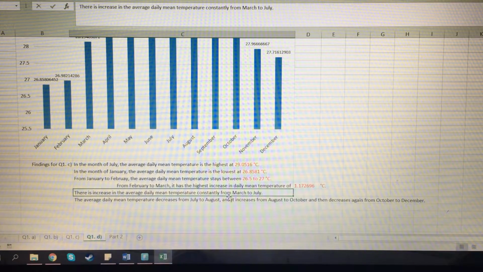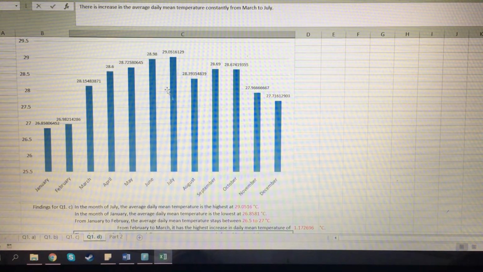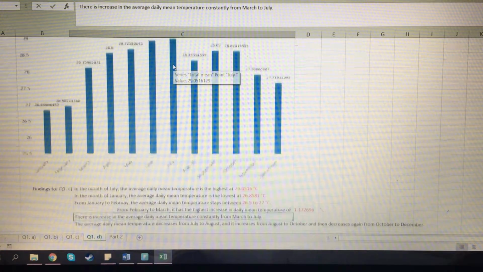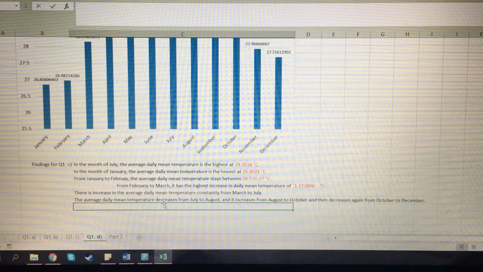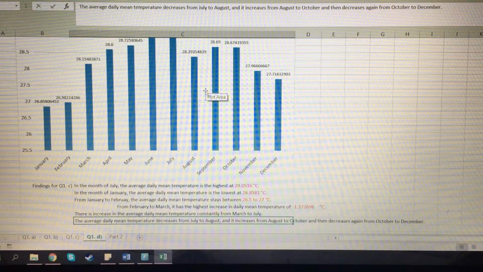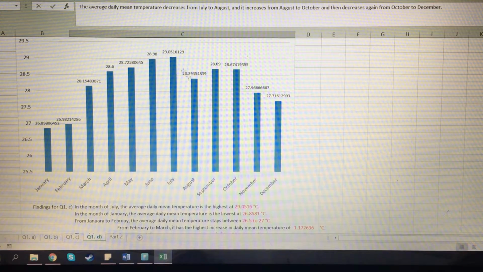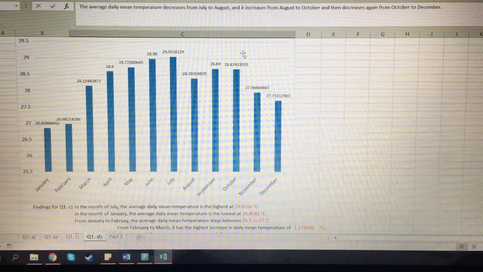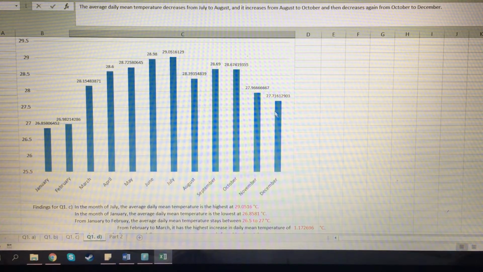And then from March to July, the average daily mean temperature constantly increases. And then afterwards, from July to August, there's a decrease. From August to October, there's an increase. And then finally, from October to December, there's a decrease.